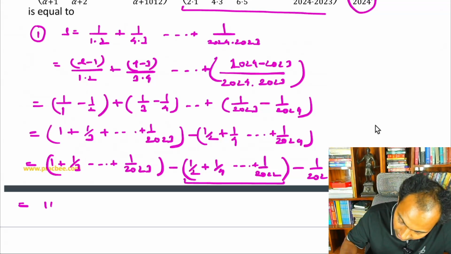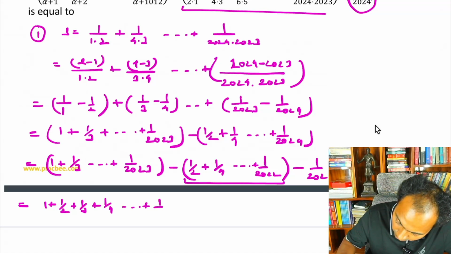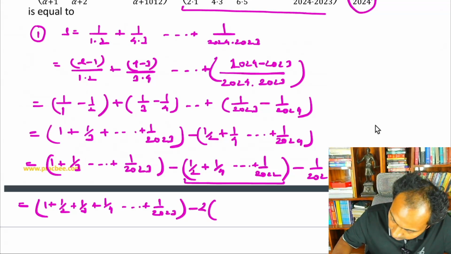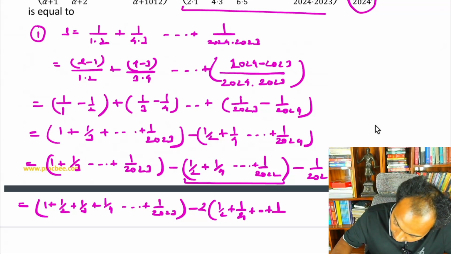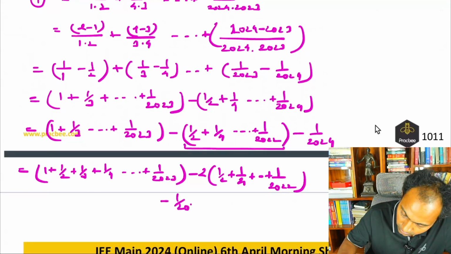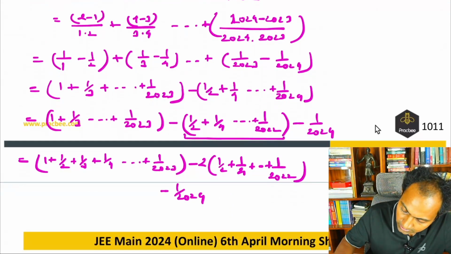So if I add this 1 by 2, 1 by 4, you can see that I have included all of these in the first term. And now this will become 2 times 1 by 2, 1 by 4 till 1 by 2022. And then we are still left with this minus 1 by 2024. Now we can see that this will get cancelled out.